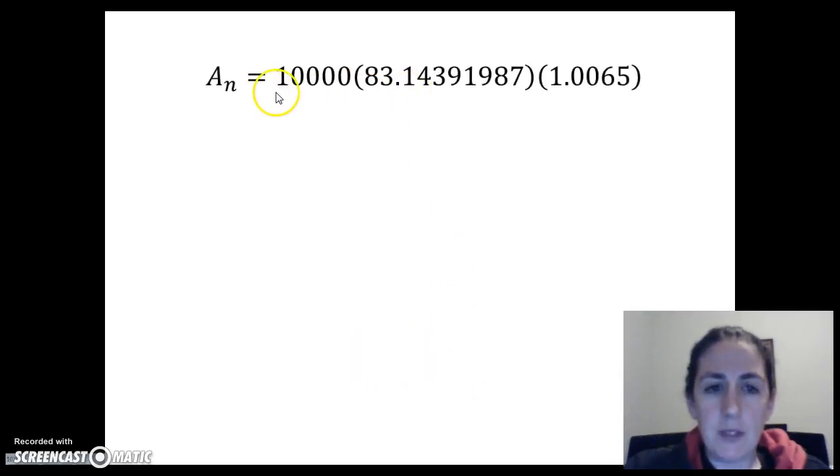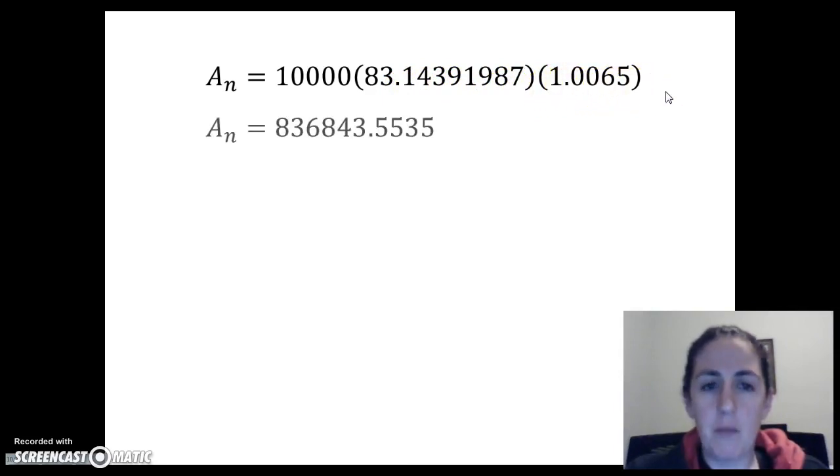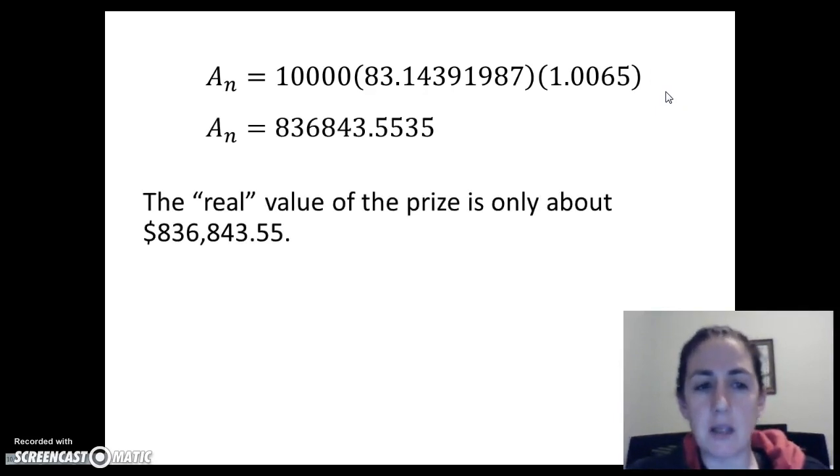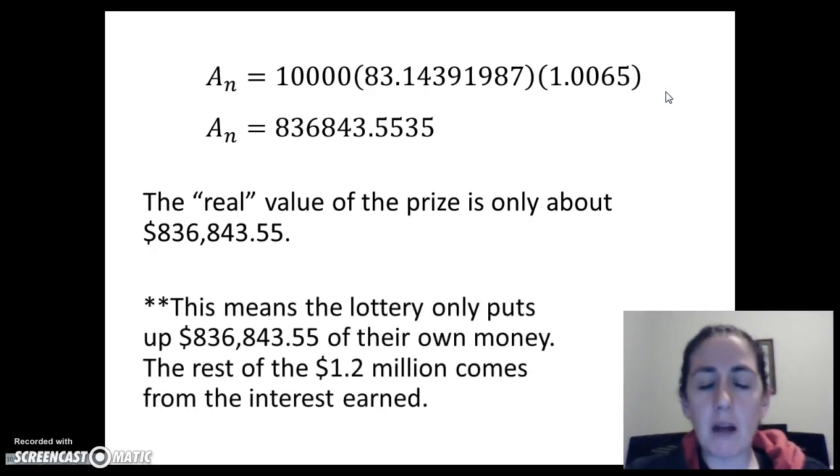And now I have 10,000 times the 83.14391987 times 1.0065. Multiply that all out together, and it turns out that the real value of the prize is only $836,843.55. That means the lottery only has to put in that $836,000 into this account to pay you those $10,000 every month for the next 10 years.